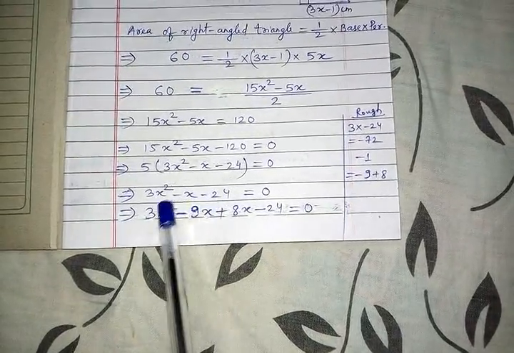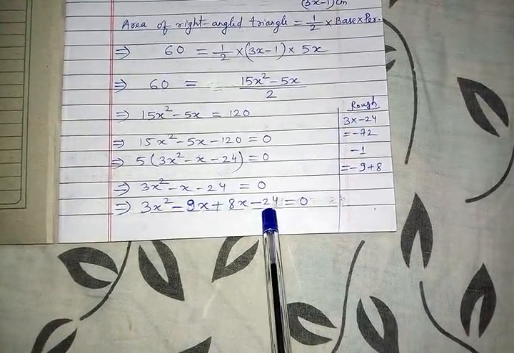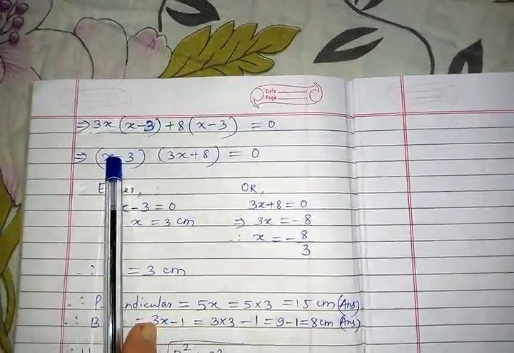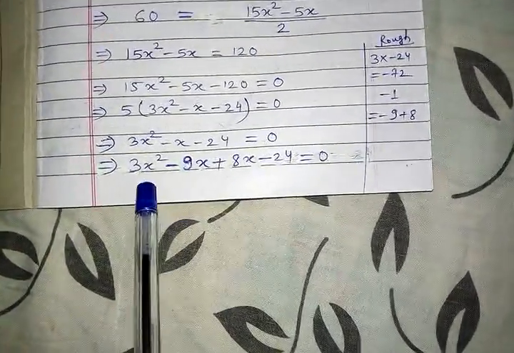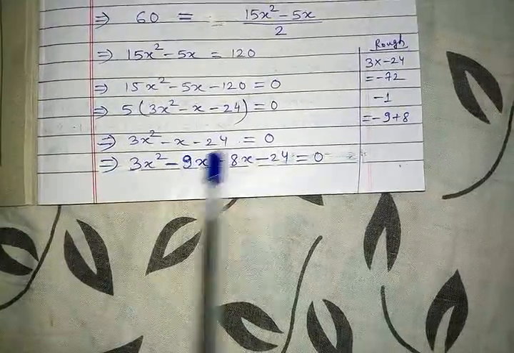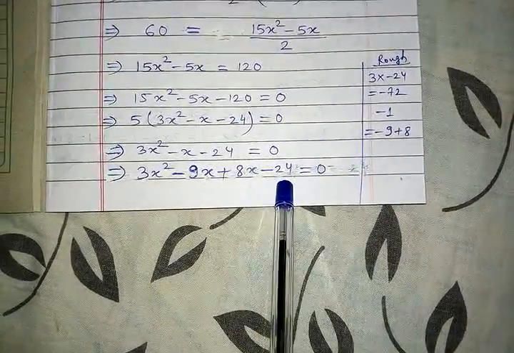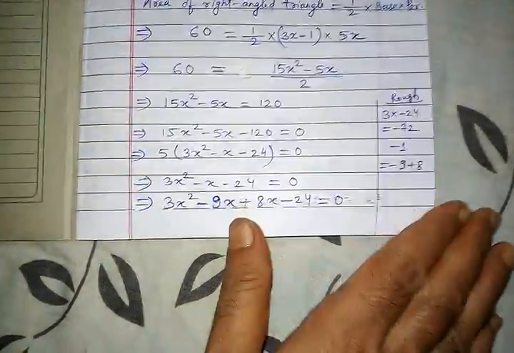First and last terms will be the same. After that, children, we can take 3x common from the first one. We can take 3 common from the first and second, and we can take 8 common from the third and fourth.